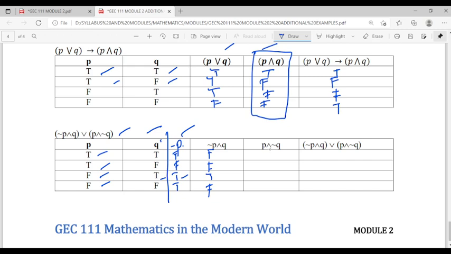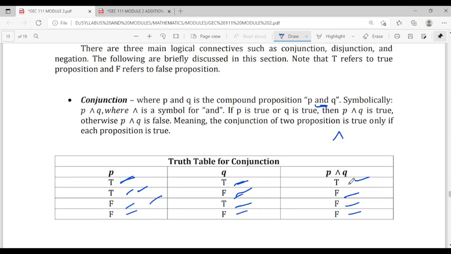How about this one? So, we're going to solve also the not Q here. So, not Q, we have kabaliktaran ng Q: false, true, false, true. So, comparing this and P, again, how to come out?